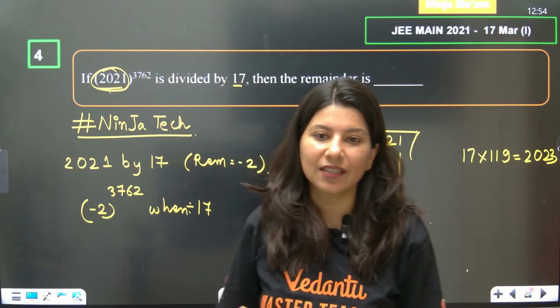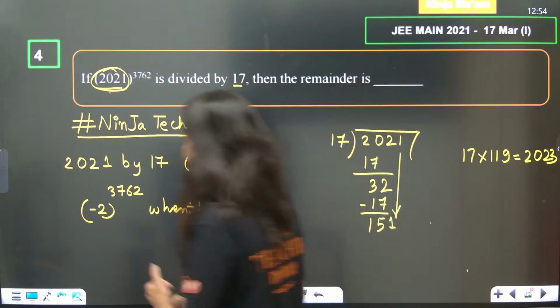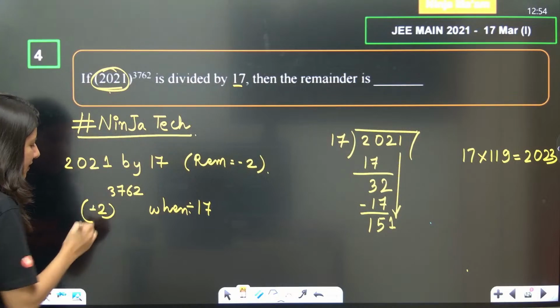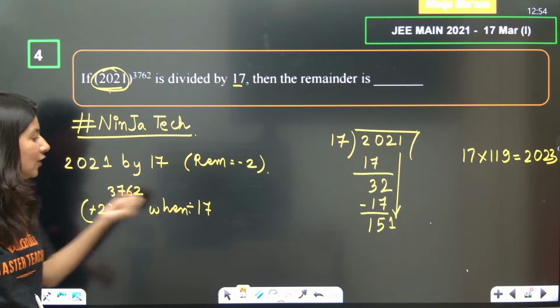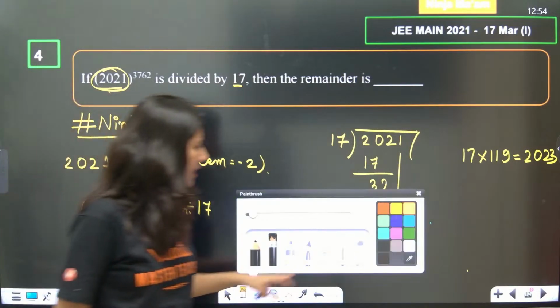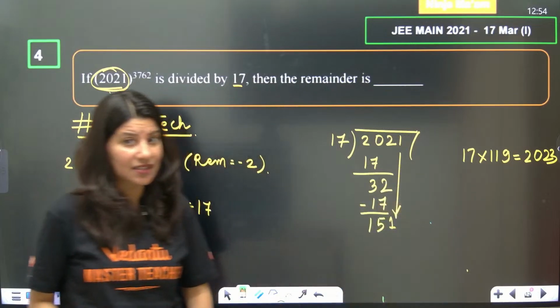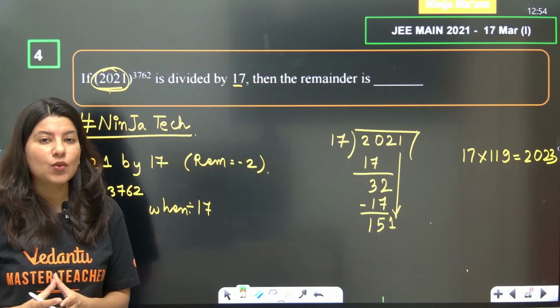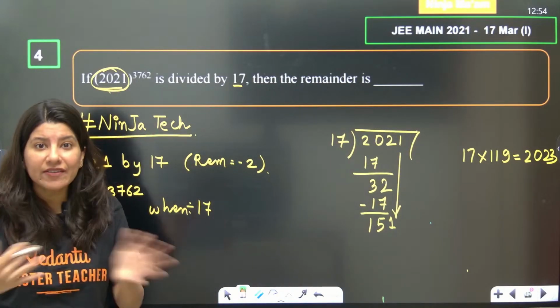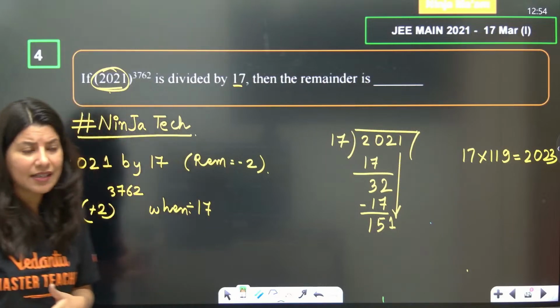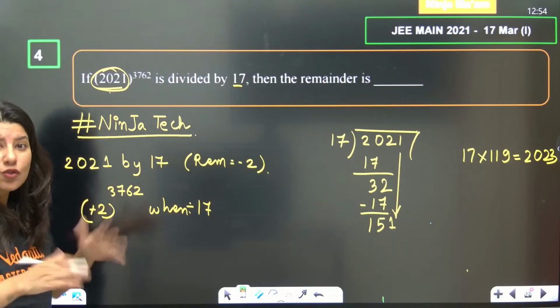This is the ninja technique. Okay, so now minus 2, so minus is gone because the power is even. Now what is the relation between 2 and 17? Is there any relation between 2 and 17? Yes. There is a relation because 16 and 17 are closely related. So, I can write this 2 as 2 power 4.